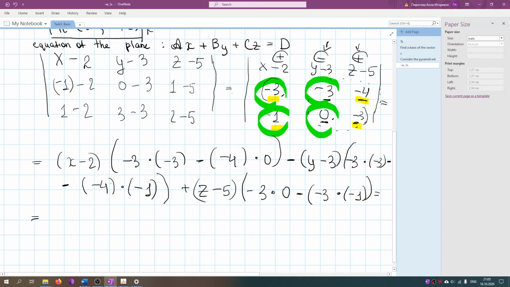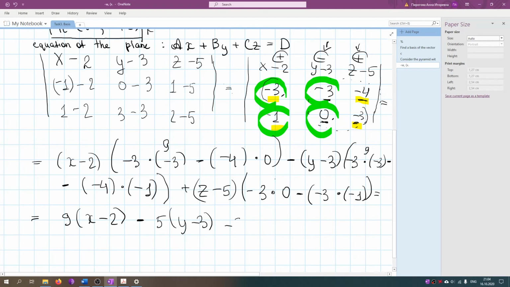We just simplified. Here we have 9 and here we have 0, so we just have 9 multiplied by x minus 2. So here we again have 9 plus it will be 5 because it's 9 minus 4, 5, y minus 3.